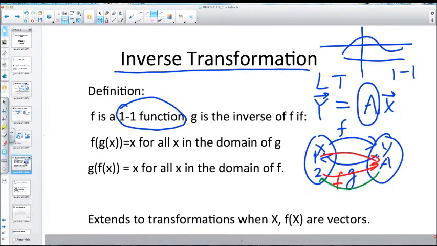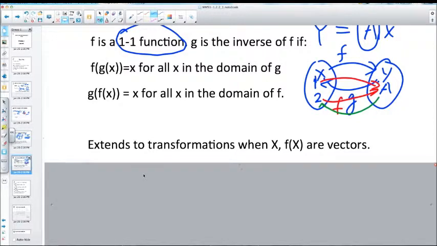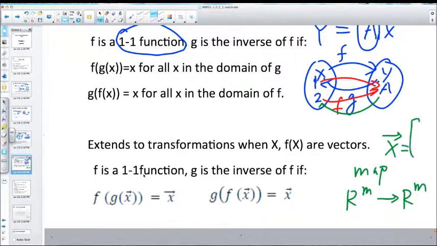So if we want to extend this idea of inverse to a multidimensional vector variable, it's the same idea. The only difference is your map could be from m-dimensional to another m-dimensional space, if x equals x1, x2, up to xm.